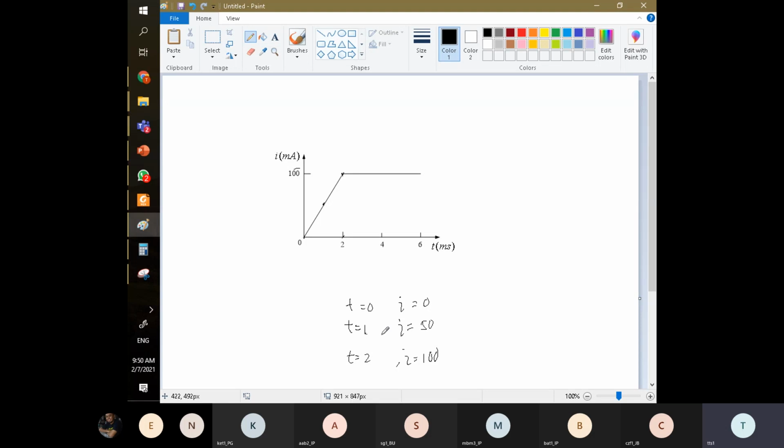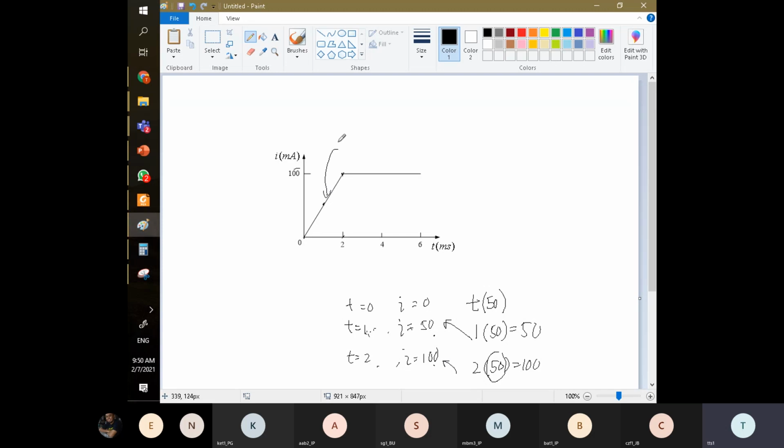So if t is 1, you get 50. If t is 2, you get 100. That means t needs to be multiplied by some kind of number. The magic number here is 50, because 1 times 50 gives 50, and 2 times 50 gives 100.